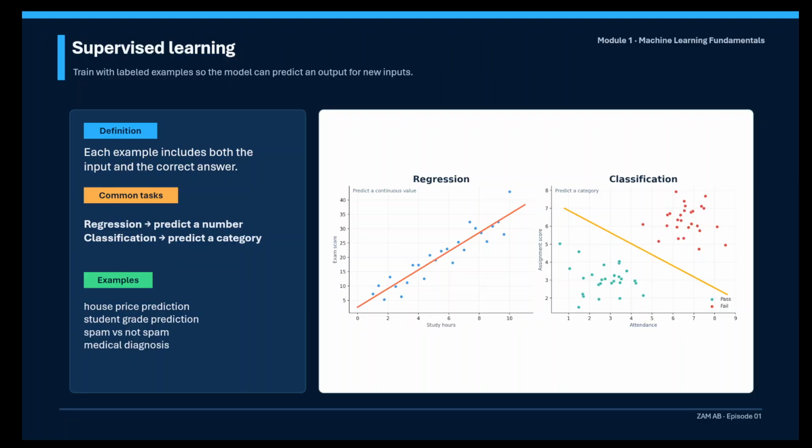So that's what exactly we have given here. House price prediction, student grade prediction, spam versus not spam, medical diagnosis. All of these are the categories that we can solve with supervised learning.